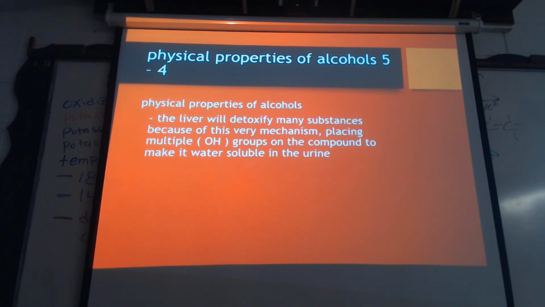So when you put multiple OH groups on any type of substance, your liver can detoxify whatever might be circulating throughout your body. If it is water soluble, the liver filters it out, sends it to the kidney, sends it to the bladder, and then it exits the body.